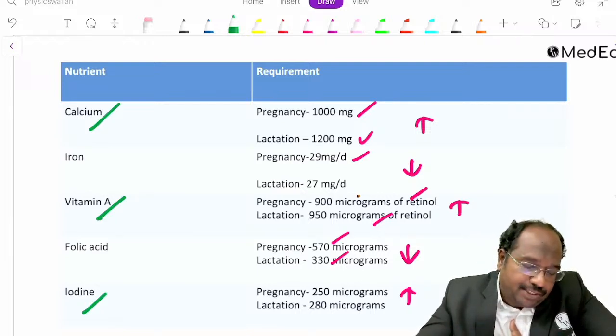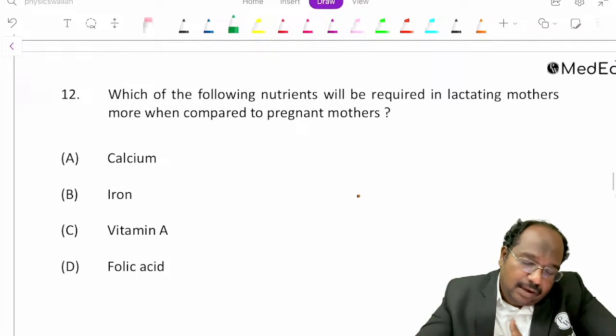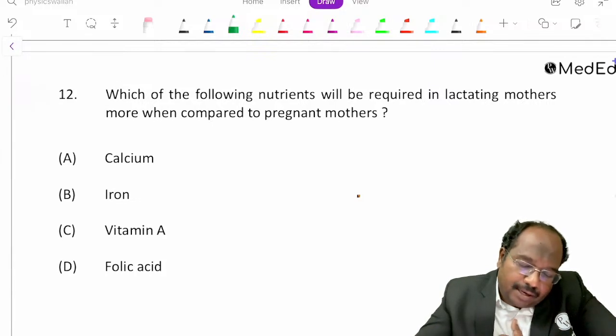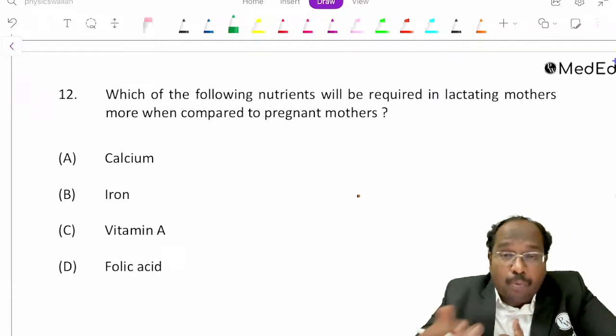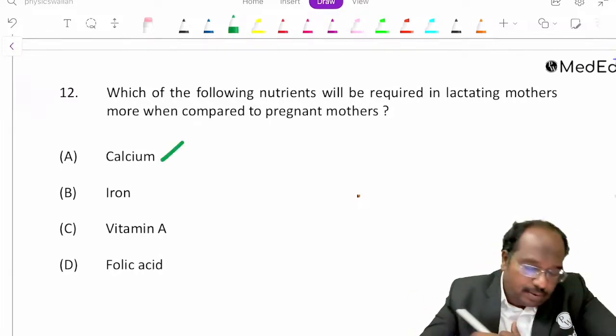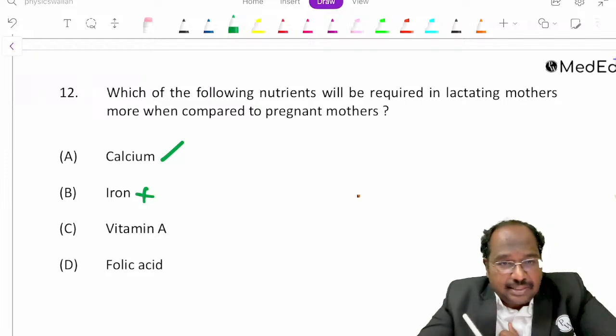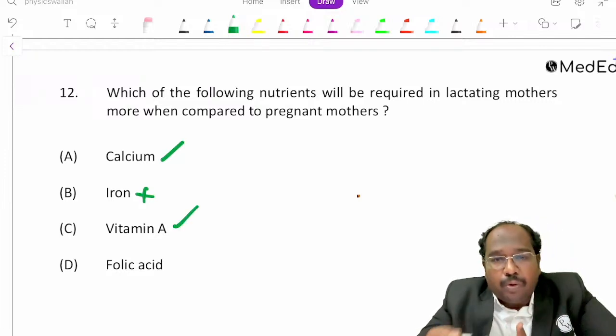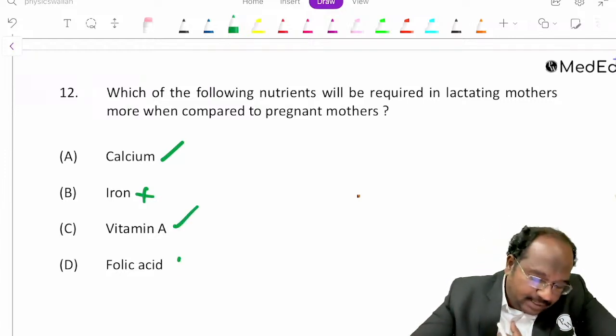Okay, we'll go to the question. Which of the following nutrients will be required more in lactating mothers? The question says more. So definitely calcium is more, iron is less, vitamin A is more, folic acid is less.